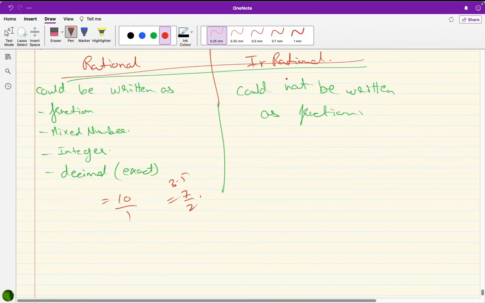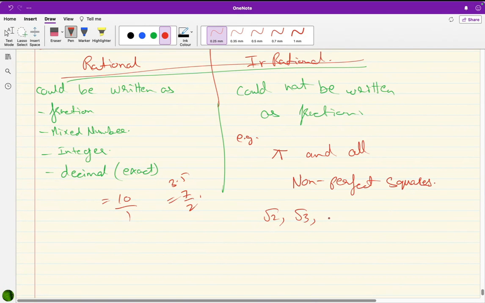So irrational numbers are pi and all non-perfect squares. For example, square root 2, square root 3.